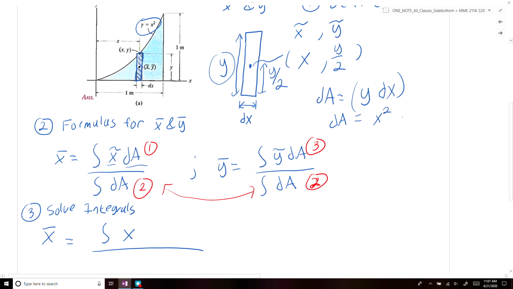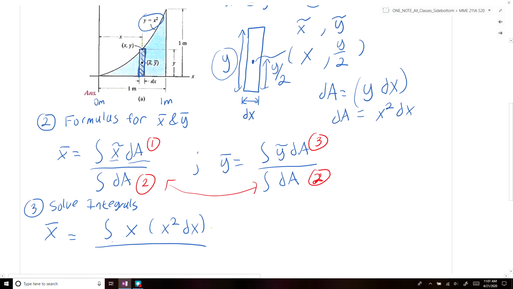So dA is equal to x squared dx. That's what we're going to plug in here. And then the bounds of this area in x go from 0 meters to 1 meter, so we're going to use that for our bounds of our integral.